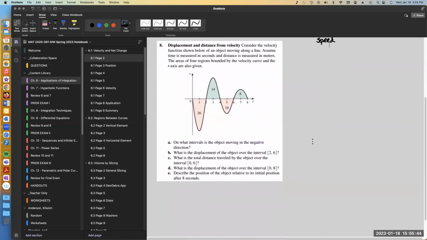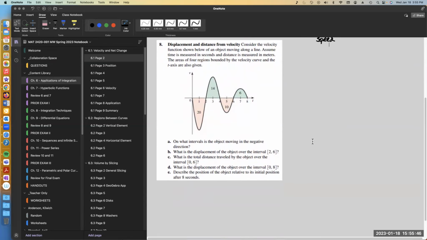So let's try an example. So here we have a particle moving along a line, and we don't see the motion right here. We don't see the s-axis. So there's an s-axis, we just don't see it. This is the velocity. This tells us the velocity at time 0, time 2, et cetera, all the way up to time 8, t equals 8.